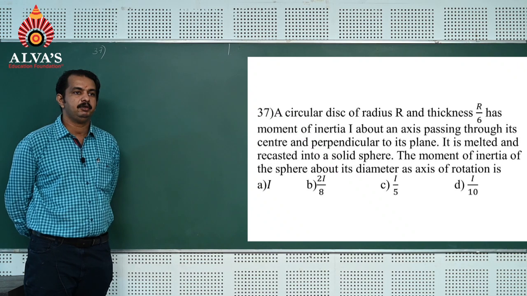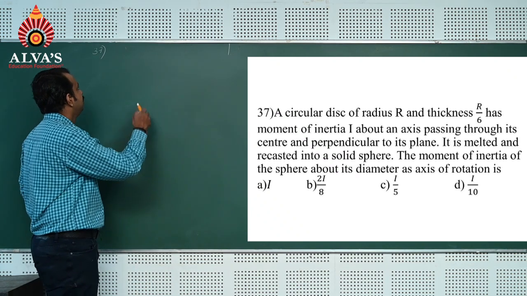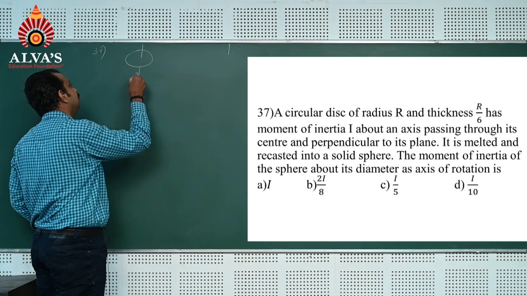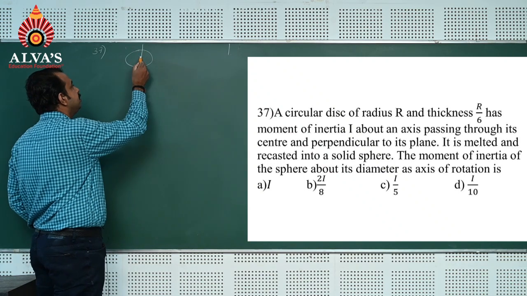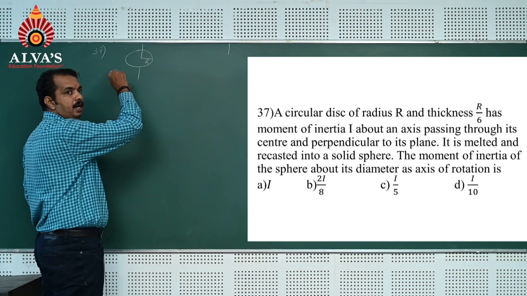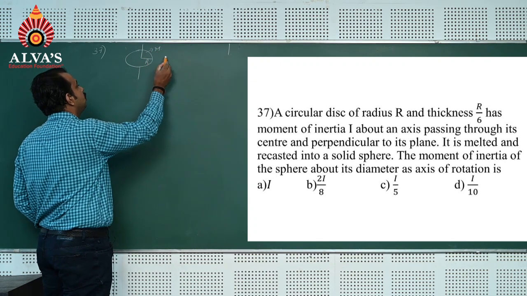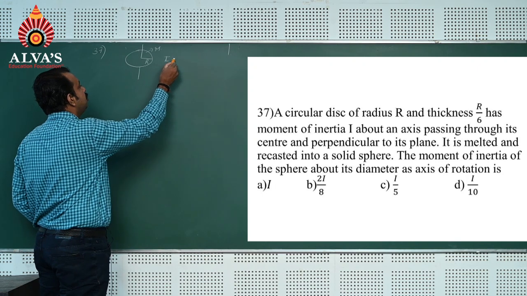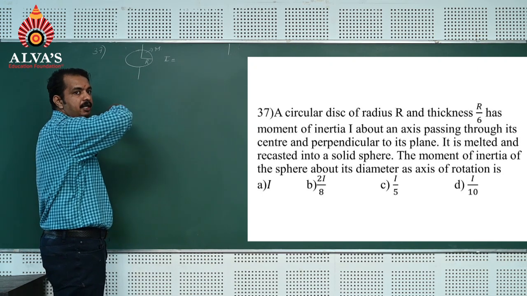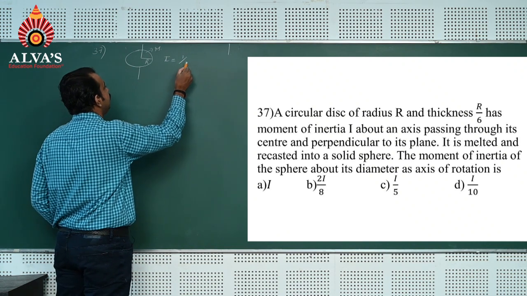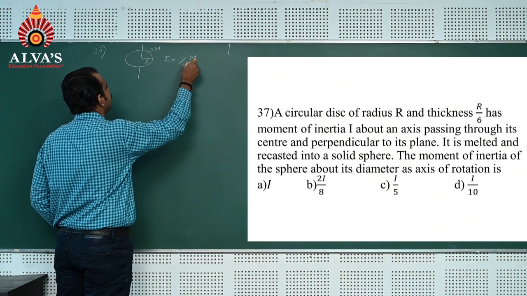First we can find the moment of inertia of the circular disc. It is given the radius is r and mass, say it is m. So I, the moment of inertia of the circular disc about an axis passing through the center and perpendicular to the plane, is half m r square.